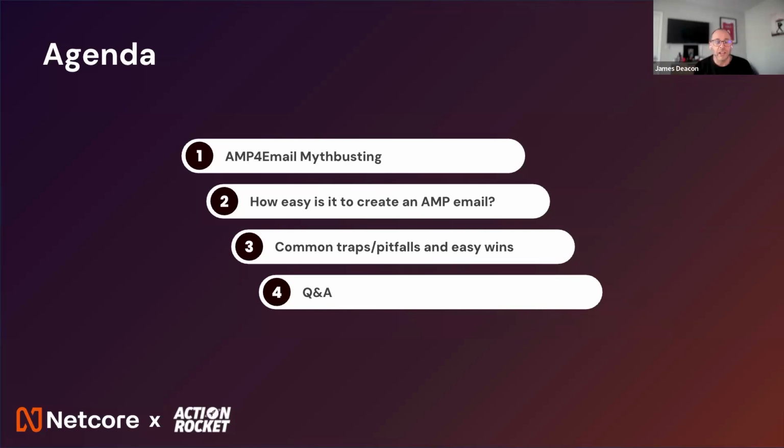Then a couple of takeaways to help drive value: how easy it can be to create an AMP email, some common traps and pitfalls we see clients often fall into that we can hopefully help you avoid, along with a couple of easy wins that might help supercharge your next campaigns. As Anoop alluded to, we want to reserve some time at the end for Q&A. As questions hit your mind, please pop them in the Q&A at the bottom of your Zoom screen, and we can look to address as many as possible towards the end.